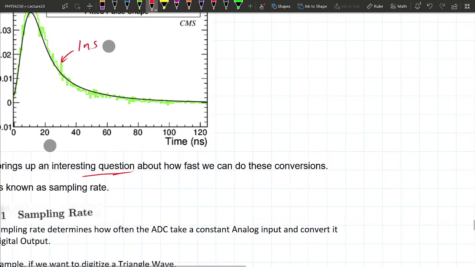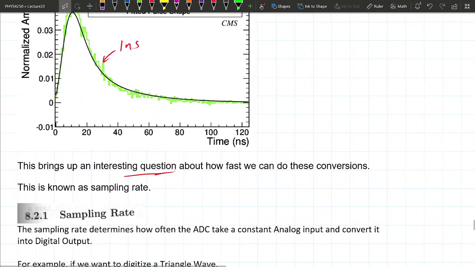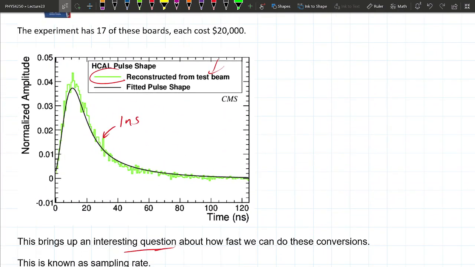Okay, I wish I zoomed in a little bit more. So if this pulse, right? Let's just read it out for like 60 nanoseconds, right? That means you basically measure this pulse 60 times in 60 nanoseconds, okay?